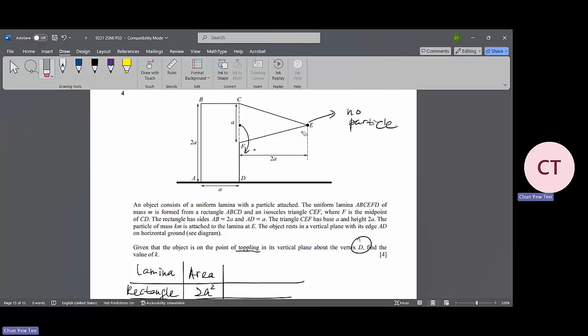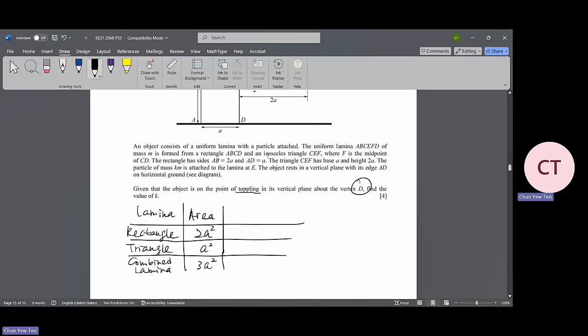That means without this particle, the center of mass may not be here anymore. The center of mass may be somewhere here. If you measure, it will be bar X. I do not know the value, I just call it bar X.